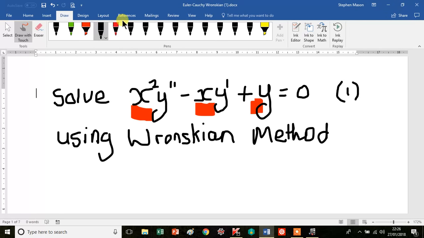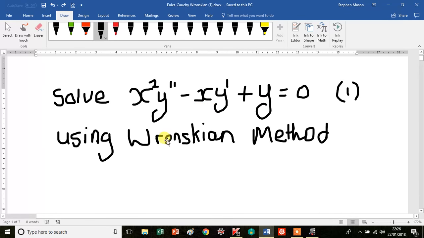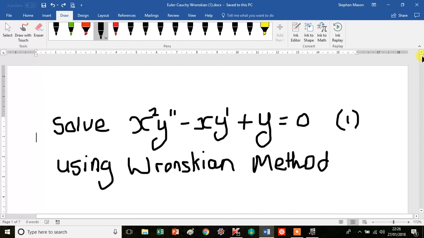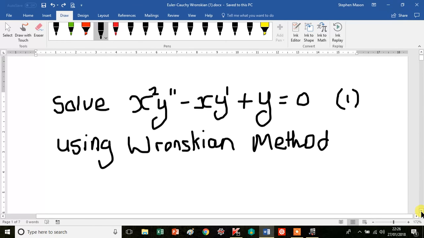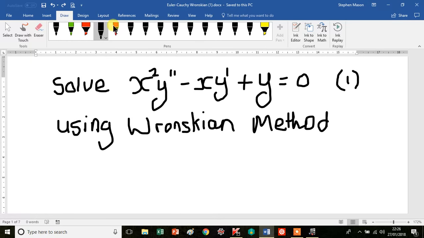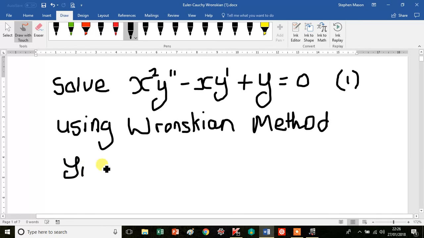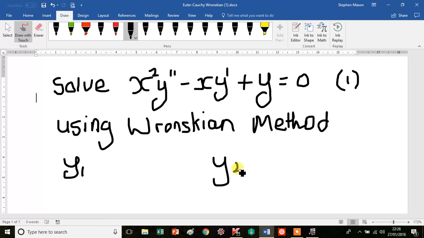Okay, so let's just highlight a few other things. This is a second order ordinary differential equation, which means that there are actually two solutions, y1 and y2. I'll just write them here like this.